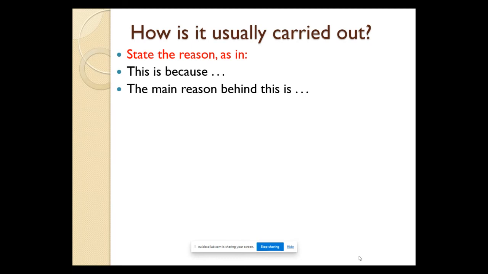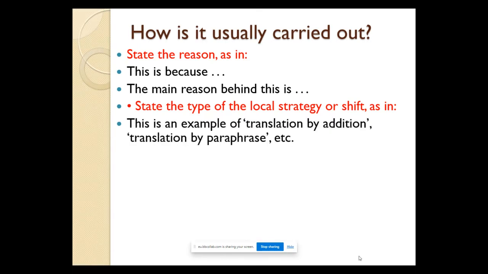The main reason behind this is, and when you state the type of the local strategy or shift, you have to mention the type, and here is where you have to provide your theoretical knowledge about translation studies. So this is an example of translation by addition. This is translation by paraphrase. Okay.